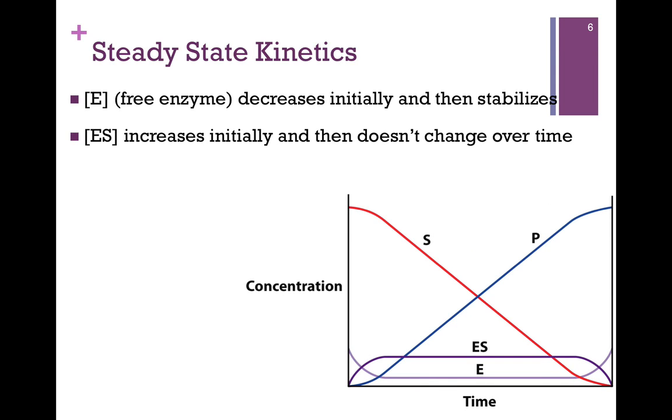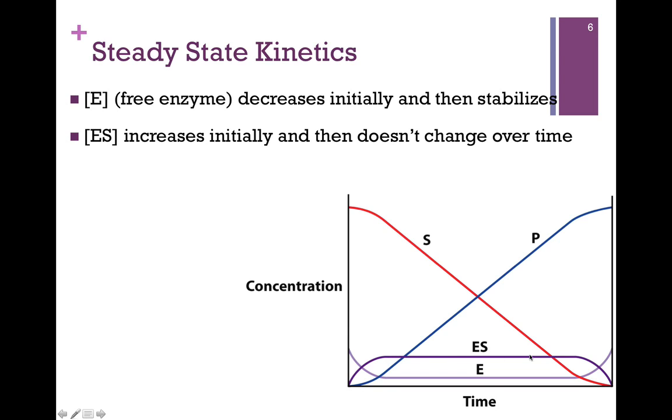Now let's look at what happens with the free enzyme, the concentration of E, and the concentration of the enzyme substrate complex. Initially, all the enzyme is free, not bound to substrate. It's going to rapidly bind substrate, and so that concentration, that is the concentration of the unbound form, decreases. Correspondingly, we get more and more of the enzyme substrate complex.